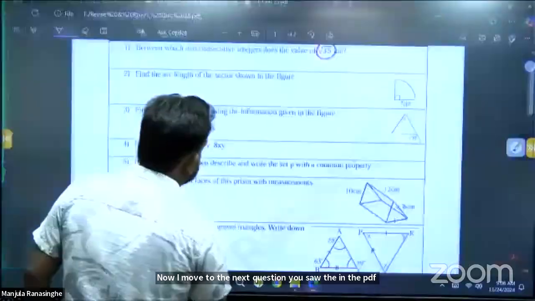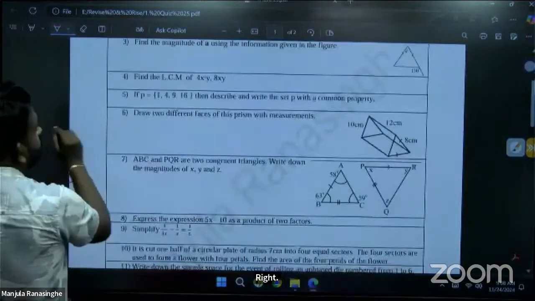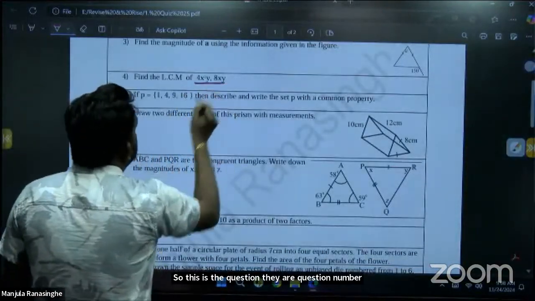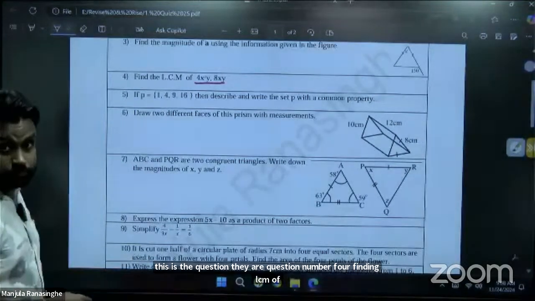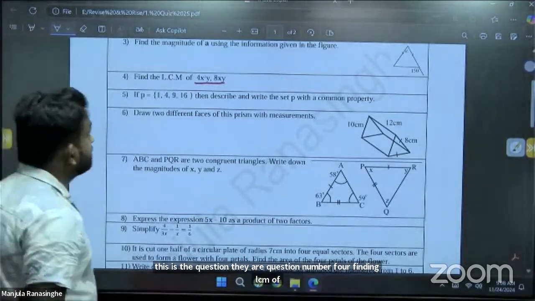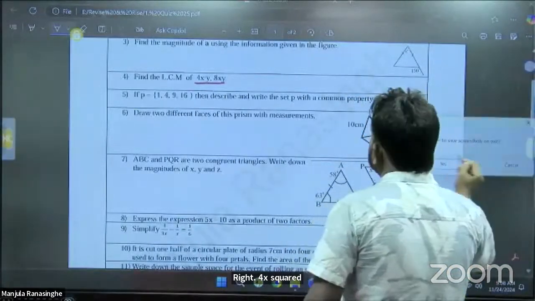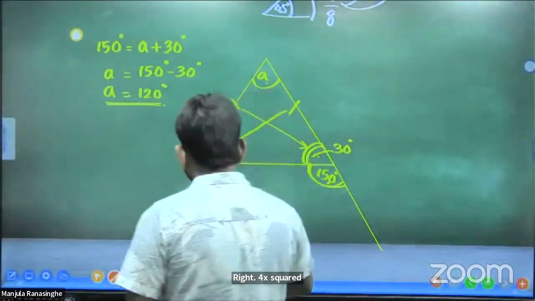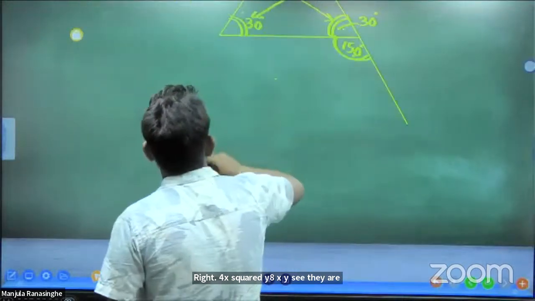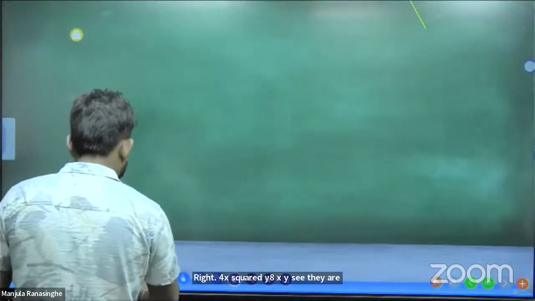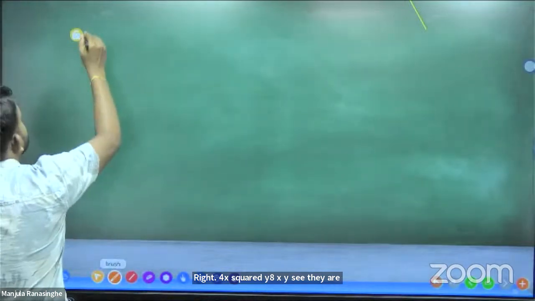So this is the question there. Question number 4. Finding the LCM of 4x squared y and 8xy.